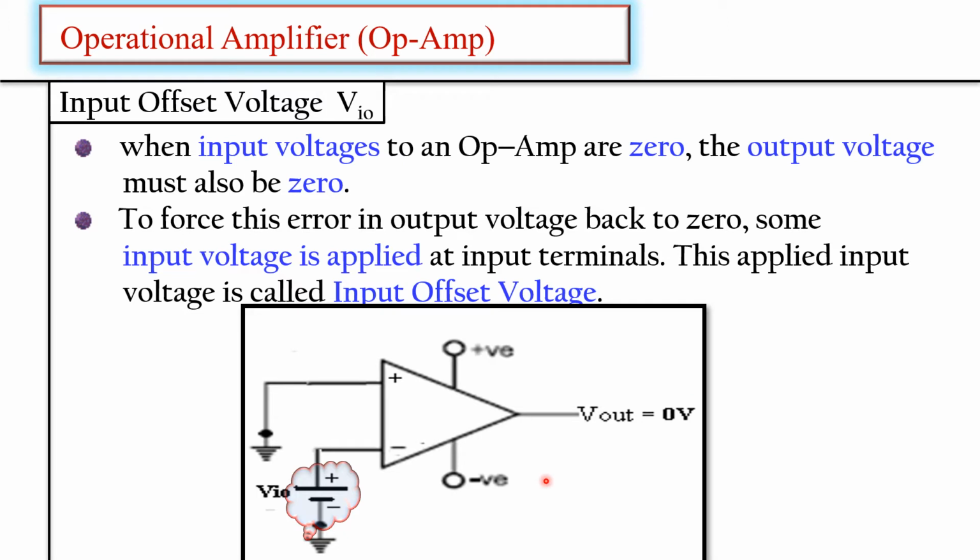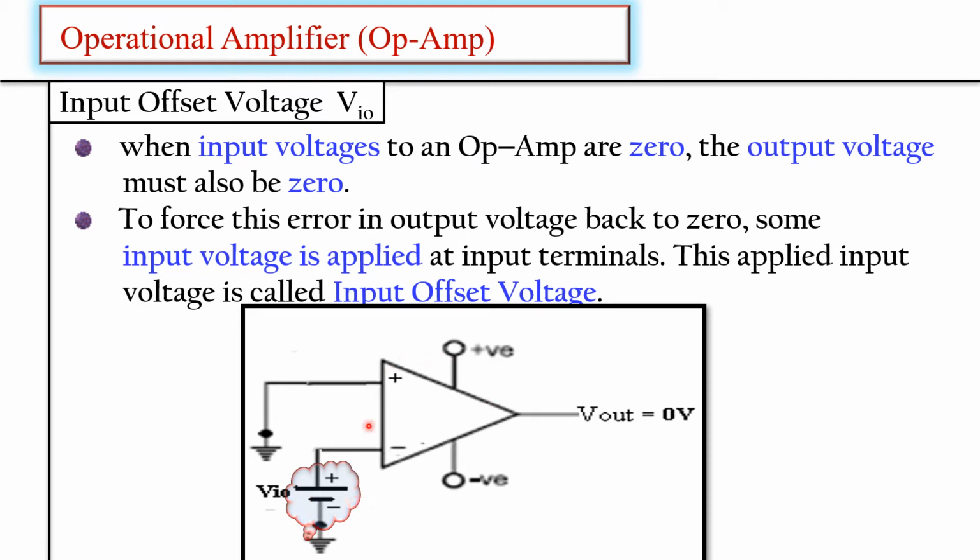But actually, you will find some finite voltage at the output terminal of the op-amp. So let us understand why this finite voltage appears at the output terminal even though the input terminals are grounded, or input terminals are 0.